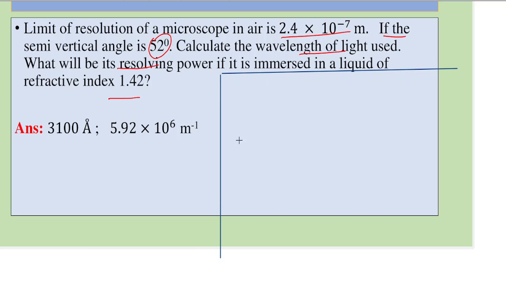So here we know that the limit of resolution dx is given as 1.22 lambda by 2n into sine beta. In the first case, nothing is being mentioned about the medium, which means we can take n is equal to 1 in the first case, and we need to find the wavelength.